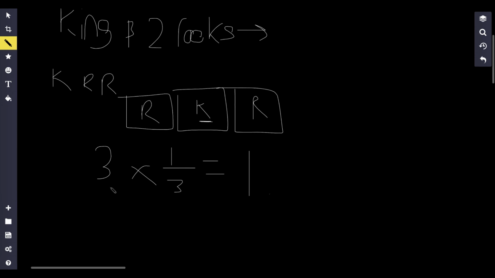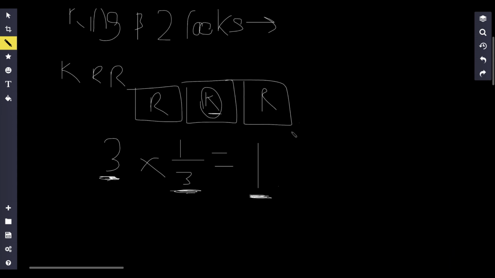You multiply the total amount of ways I can rearrange the king and the rooks, assuming no rules were applied, by 1/3, because only 1/3 of those total possibilities actually have the king in between the 2 rooks. So total possibilities multiplied by 1/3 gives me king in between 2 rooks.